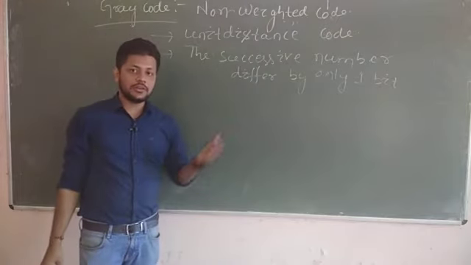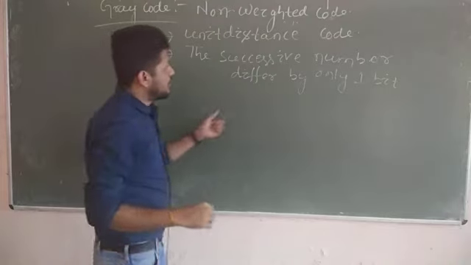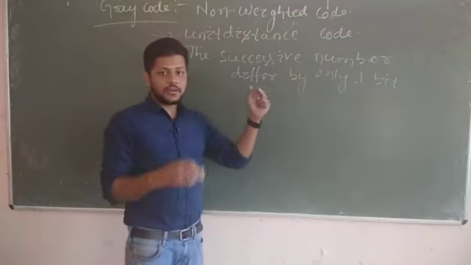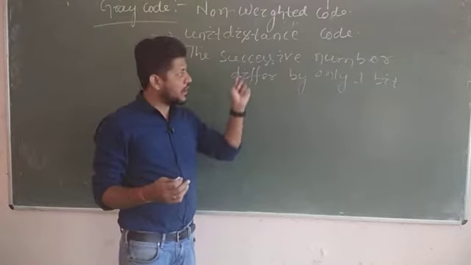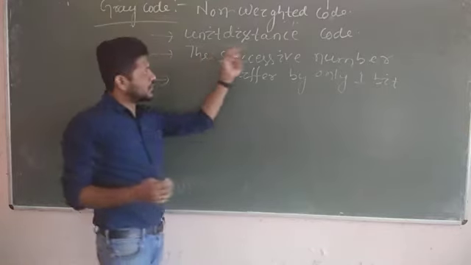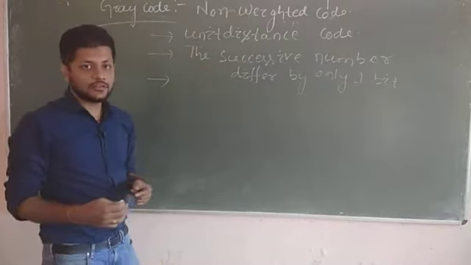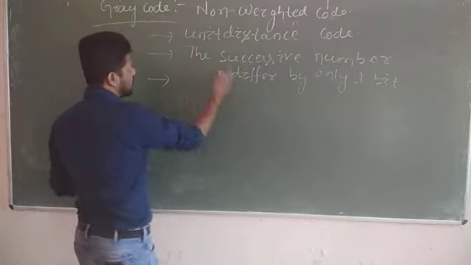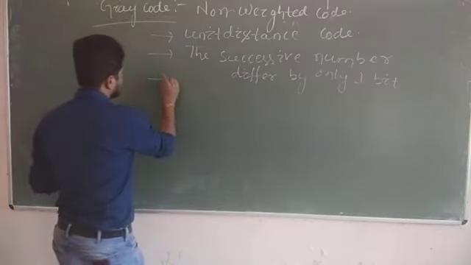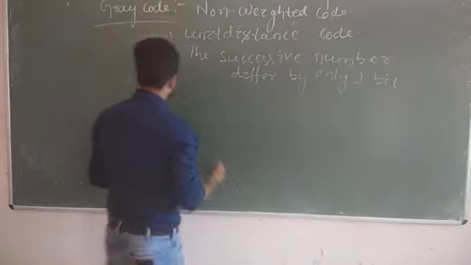These are some properties. The successive numbers differ by only one bit. That means between the first number and the successive number, only one bit is different, and the remaining bits are the same. That's why this code is also known as unit distance code. So Gray code has different names, Gray code or unit distance code, because successive numbers differ by only one bit.